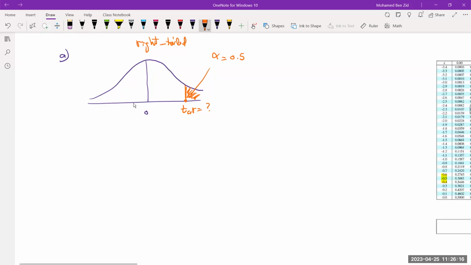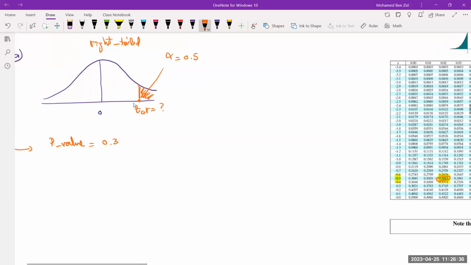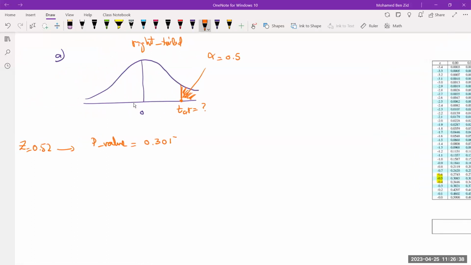And because I have only one tail, again, Z equals 0.52. And this implies the p-value is going to be 0.3015. And remember, this is one tail, so you read the value completely in there.